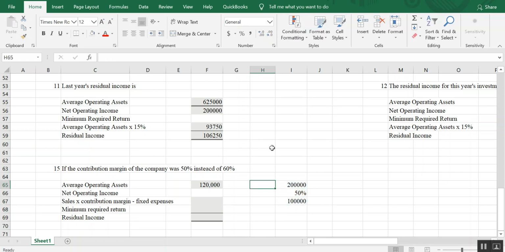So we have sales. We have a contribution margin percentage. And then we have a contribution margin, okay? I'll just say CM, not CM percentage. And then we're going to deduct fixed cost.